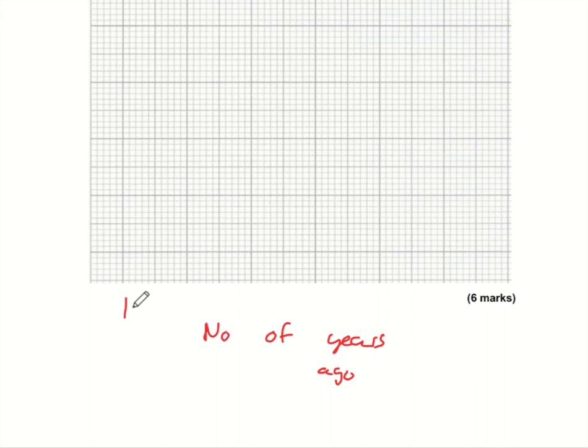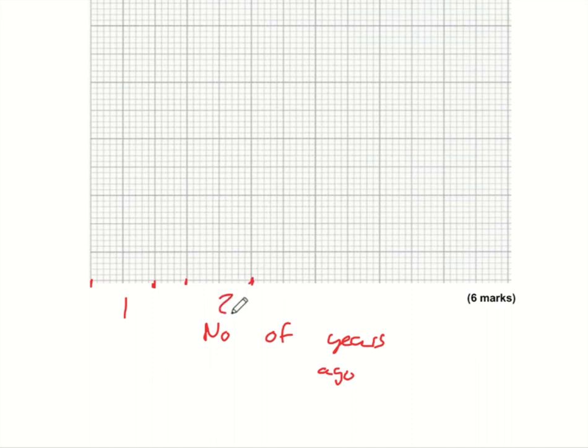So I'll have last year, so that'll be from here to here. Then I'm trying to work out what sort of space I should leave in between. So this could be 2 years ago. No, I'll do each bar 2 squares across with a gap of 1.